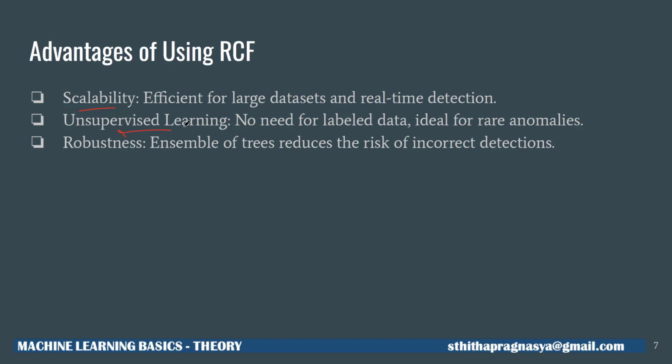If you remember, the previous one, which was KNN, is supervised, which needs data that is labeled. Here you don't need to label it, making it ideal for scenarios where anomalies are rare or not well understood in advance, so that you have the labels. And the ensemble of trees helps to reduce false positives and false negatives, providing a reliable method for anomaly detection.